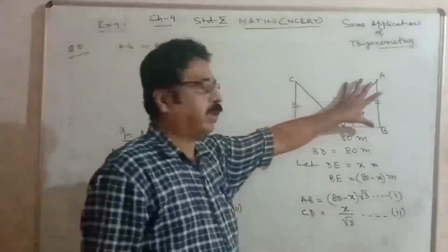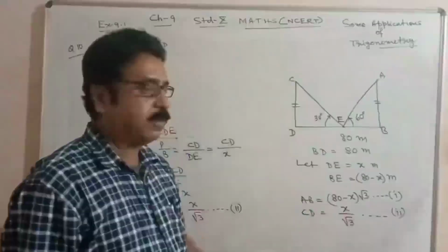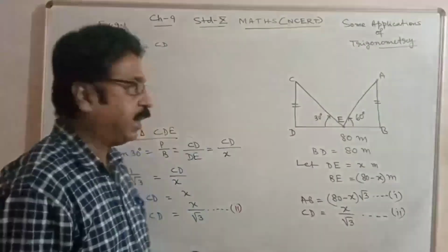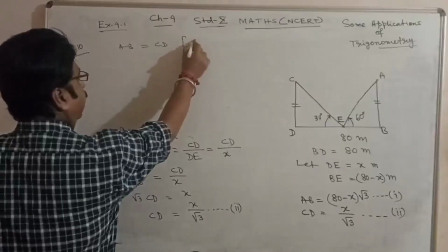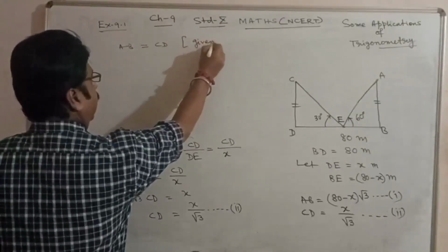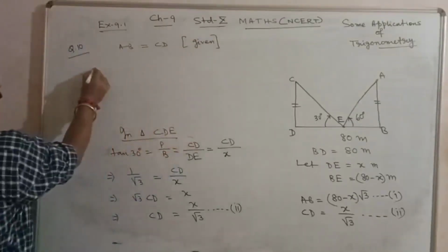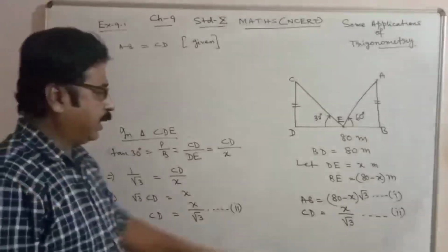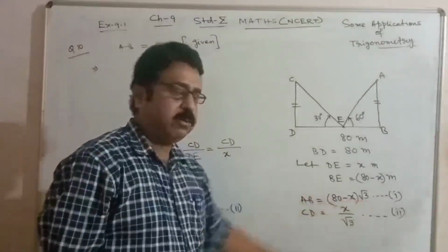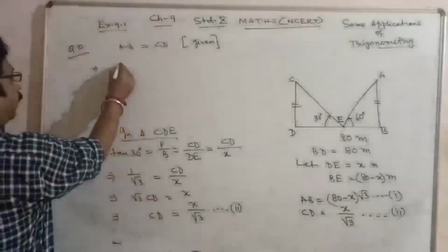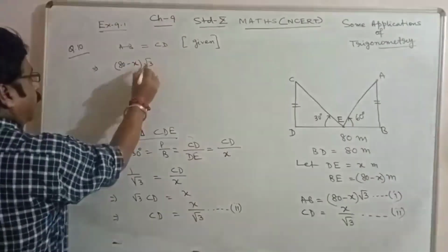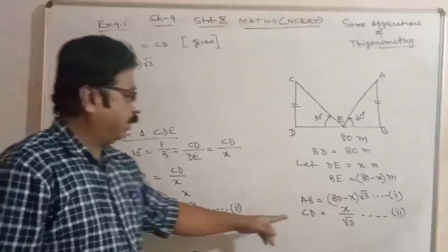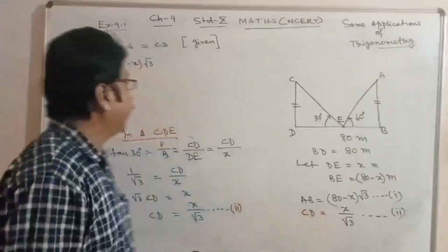AB is the height of one pole and CD is the height of another pole. Both are of equal height. So AB equals to CD. It is given. In place of AB, we can write 80 minus x into root 3. And in place of CD, we can write x upon root 3.